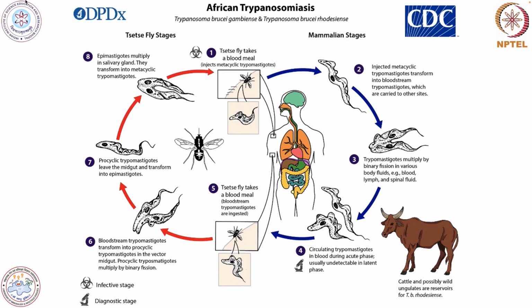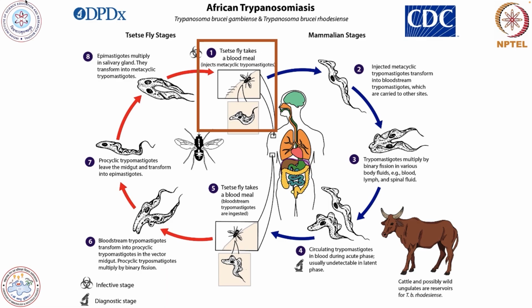Now, I will discuss the life cycle of African trypanosomiasis. During a blood meal on a mammalian host, an infected tsetse fly, genus Glossina, injects the metacyclic trypomastigote. Here you can see the insect injecting the trypomastigote into skin tissue. The parasite enters the lymphatic system and passes into the bloodstream.